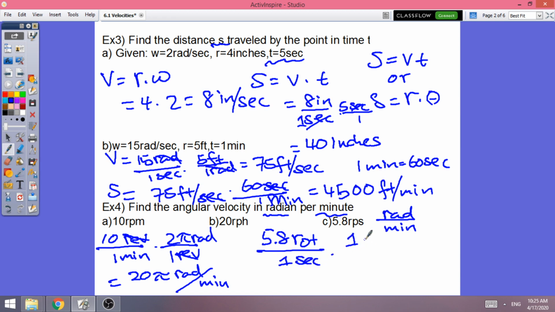We know that 1 minute equals 60 seconds. This time, from a small unit to a big unit, so we need to multiply.